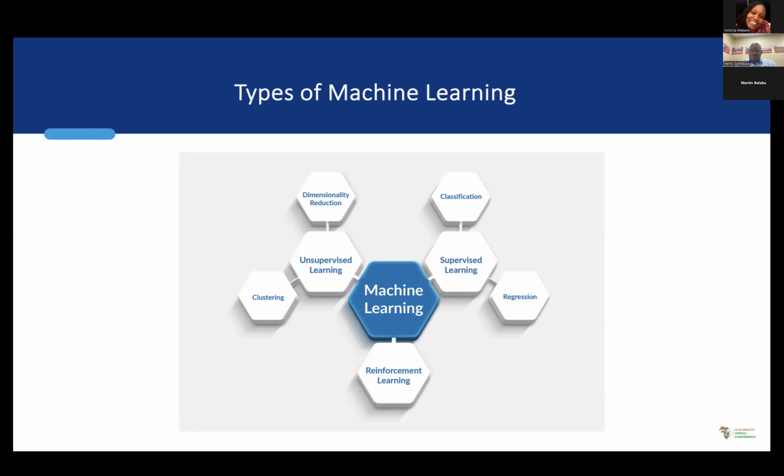So what is supervised learning? We can further divide supervised learning into classification. For example, you're training a model to predict whether you have diabetes or no diabetes. That is classification. When we cross to the side of regression, for example, I want to train a model to predict the price of a two-bedroomed house in the next 5 years.